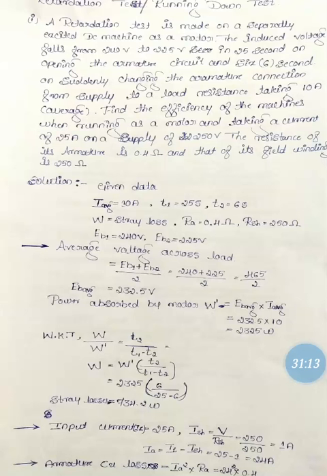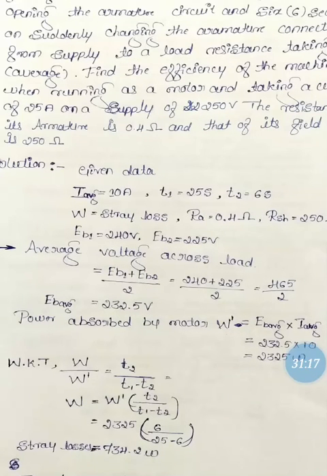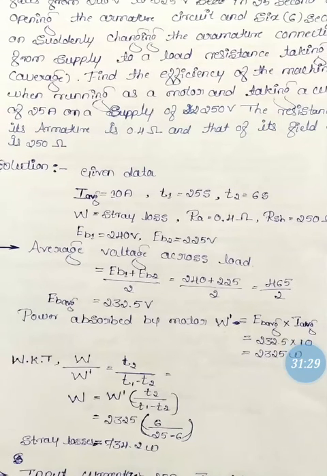We know this relation, which we have seen in the last video, during the retardation test on the DC motor: W divided by W dash equals T2 divided by T1 minus T2.